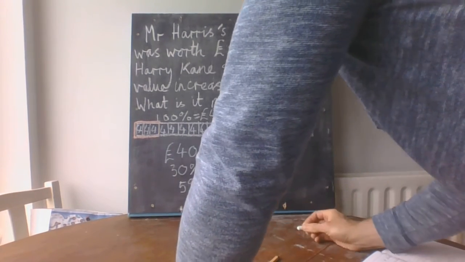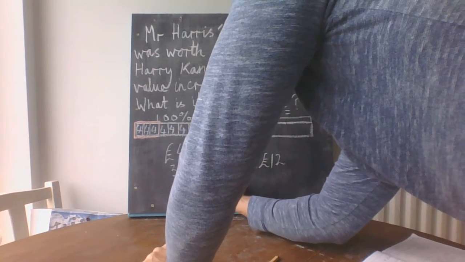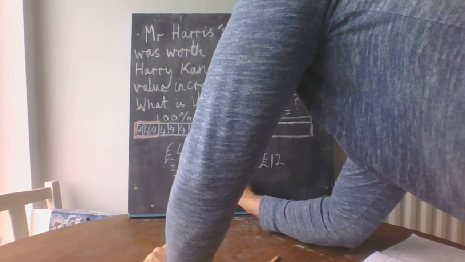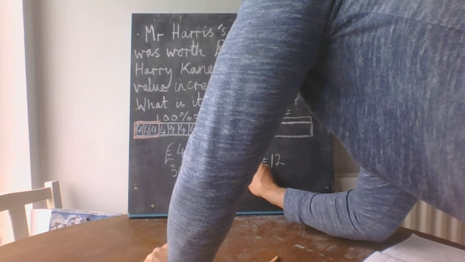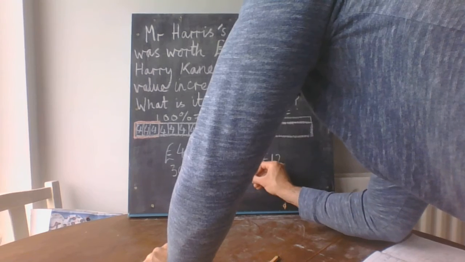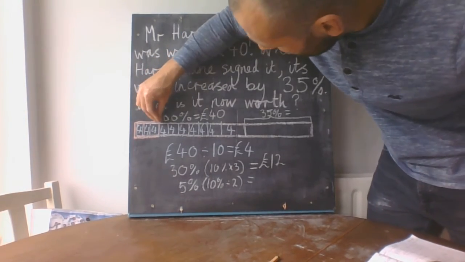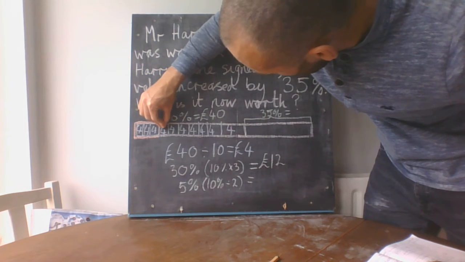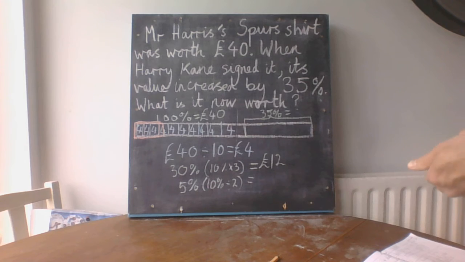And to find the 5%, again, I go back to the 10%, which was £4. But this time I halve it. Because look, there's my 30%, and 35 would take me about there. So that should be £2.